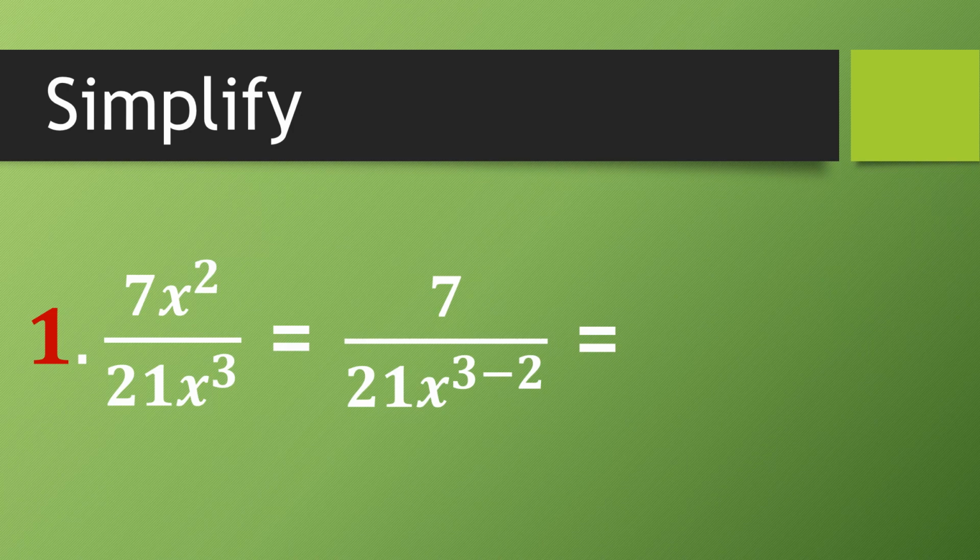Since the greatest common factor between 7 and 21 is 7, we have 7 divided by 7 is 1 and 21 divided by 7 is 3. So we have the answer. The numerator is 1 and the denominator is 3x because the exponent of x is x raised to 1 and that 1 is invisible.